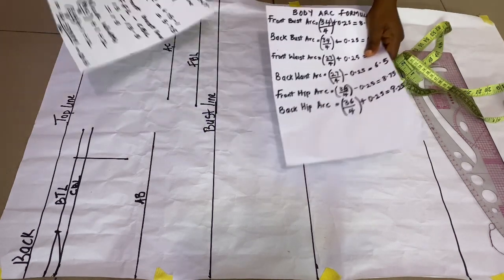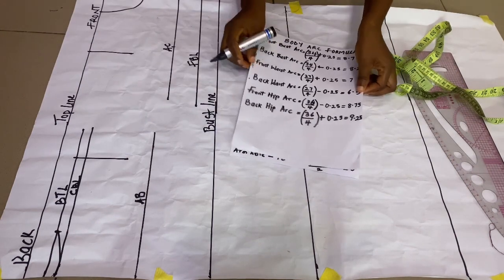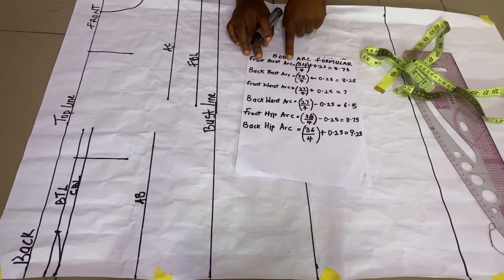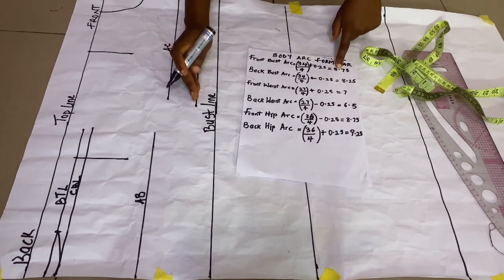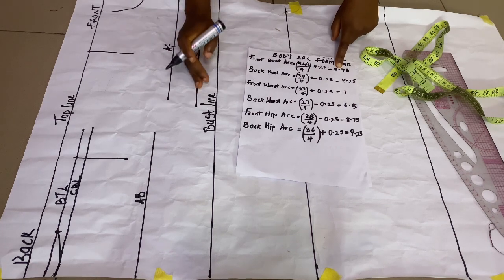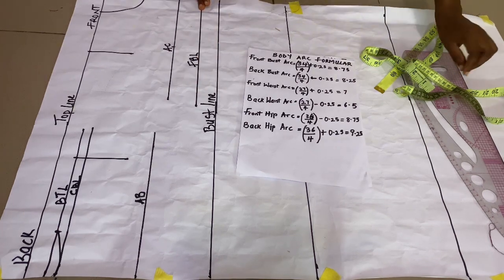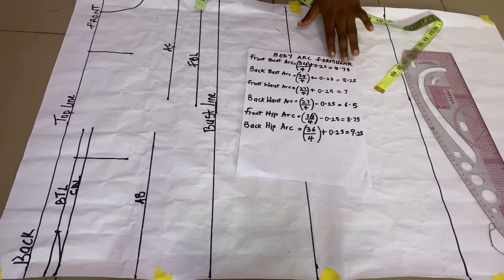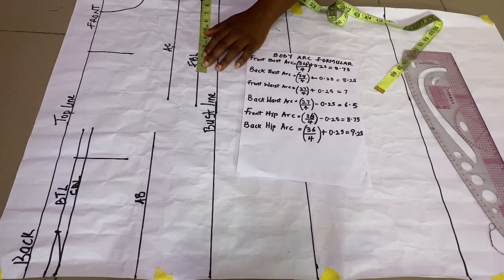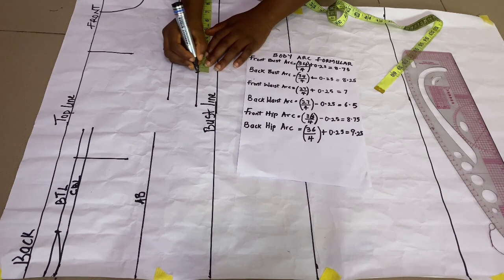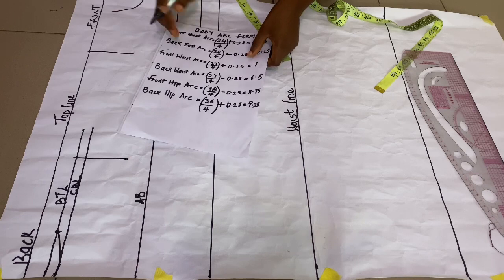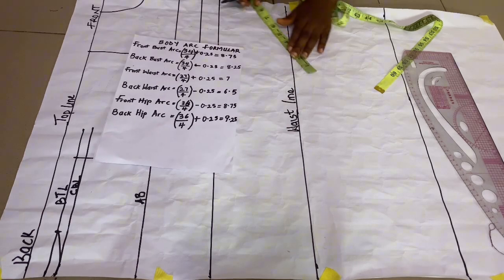So in this drafting, we're going to be using this body arc. For the front bust arc, it's 8.75, and I'll be putting that 8.75 on this front bust line, which is the front bust arc measurement, which is the front bust arc 8.75. So I'll put it on this point here. Then the next thing is the front waist arc, and the front waist arc is 7.